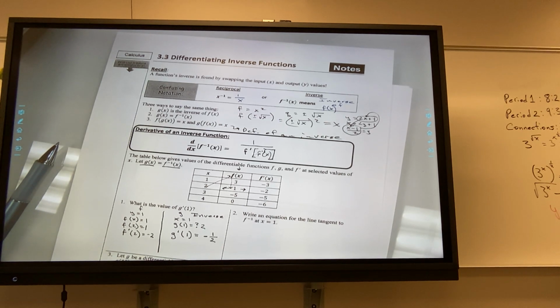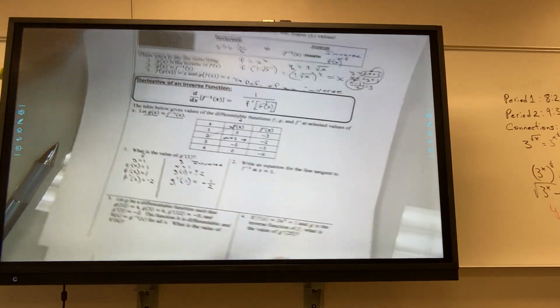Correct. And the other thing is, I don't know if you learned this last year, but a function and its inverse are reflections over the y equals x line. Did you ever learn that? Okay. So I always draw in the y equals x, which is just a line that goes at 45 degrees, and then I just reflect it over that line.